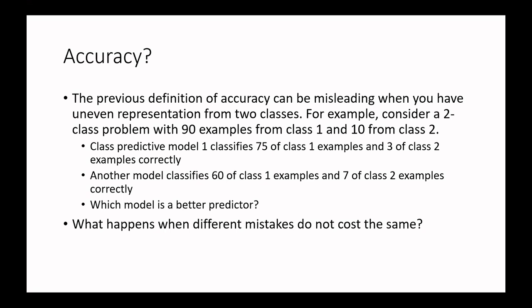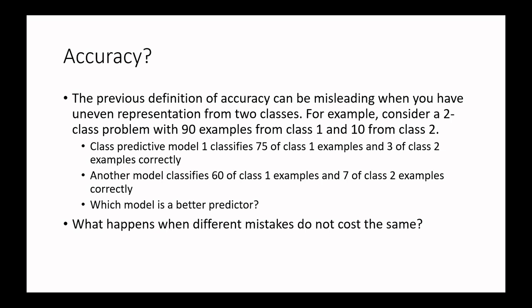But if one class has 80 examples or 90 examples and another class has only 10 or 20 examples, then accuracy really doesn't make any sense. Because if I have 90 examples from one class and 10 examples from another class, I can get 90% accuracy by saying every time it's a class 1, and I will be true 90% of the time.